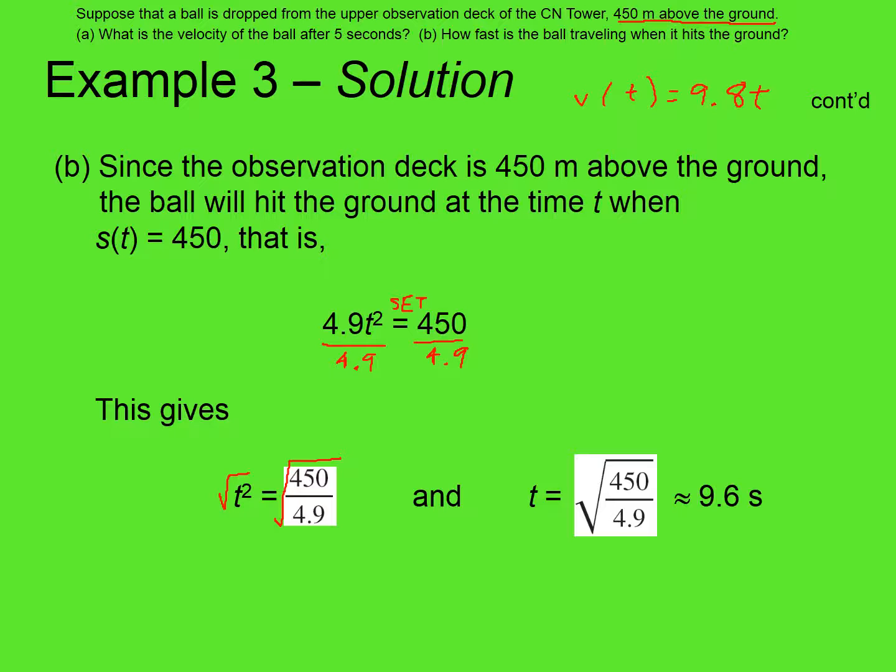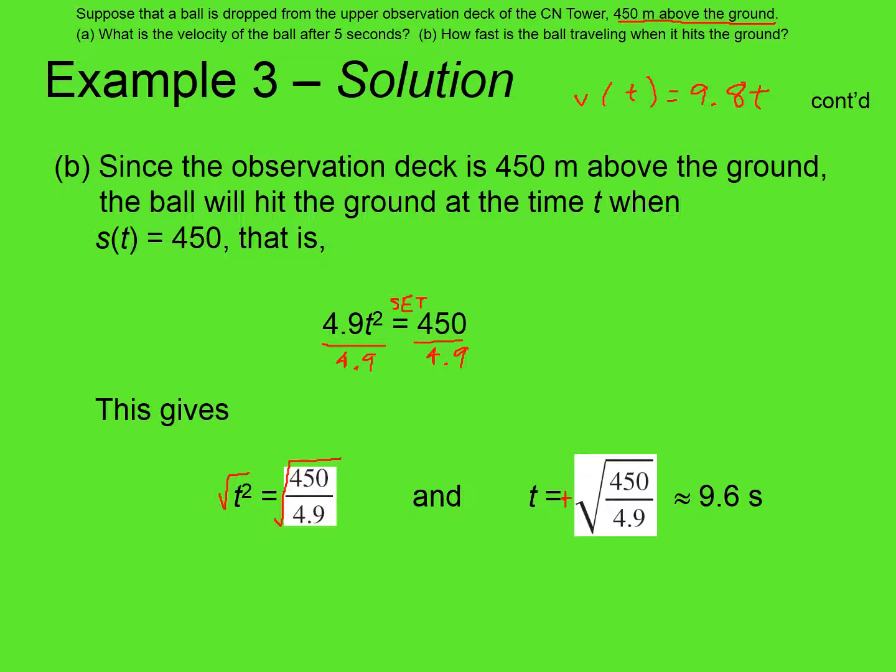So we're only taking the positive square root of this 450 divided by 4.9. That is the square root of a number which is a little bit less than 100. And so the number itself is approximately a little bit less than 10. It's about 9.6 seconds. So it's going to take about 9.6 seconds for the ball to hit the ground.